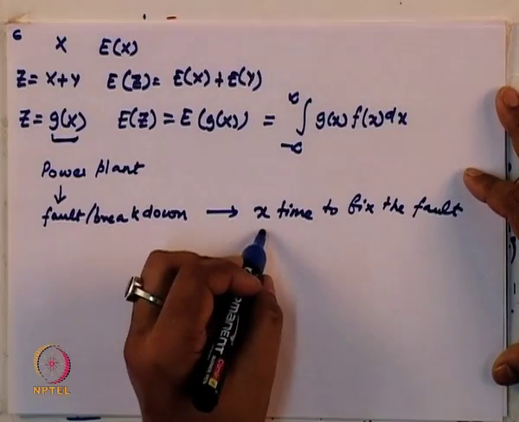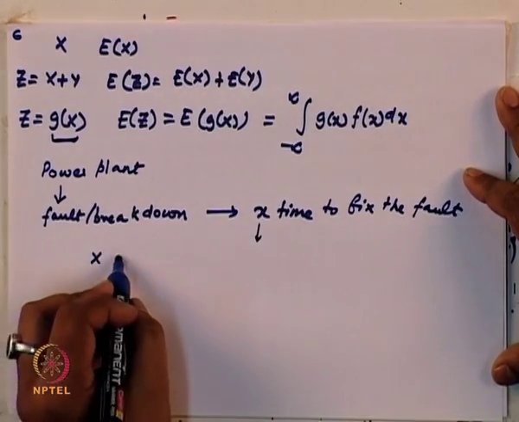And this X is a continuous random variable.